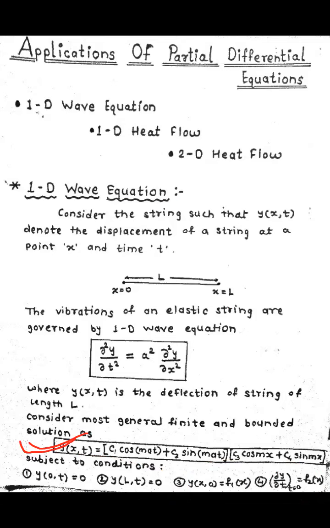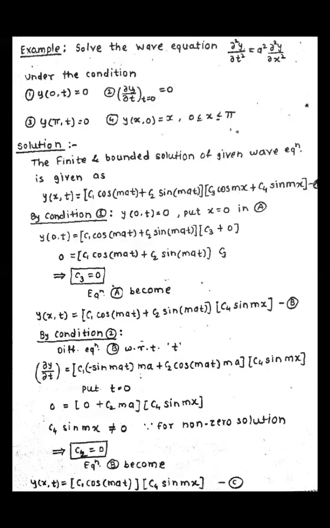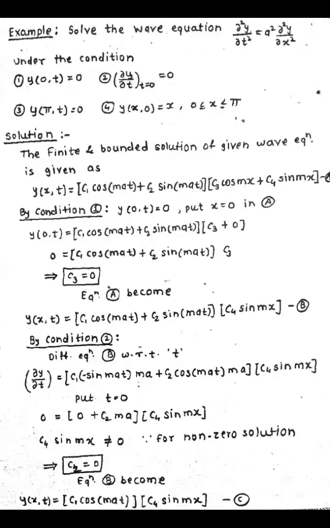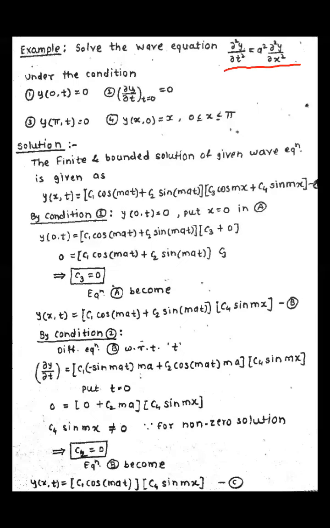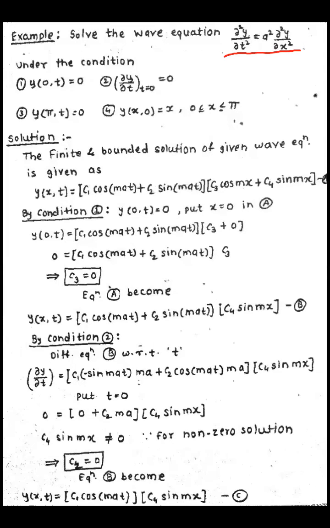So for that, take a simple example to understand this wave equation. Example: solve the wave equation ∂²y/∂t² = a² ∂²y/∂x², under the conditions: first, y(0,t) = 0.